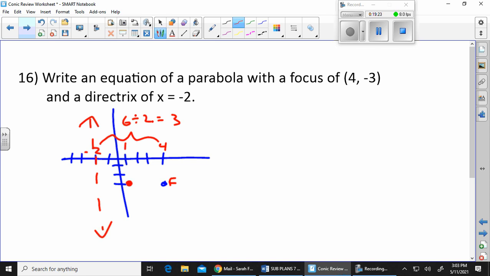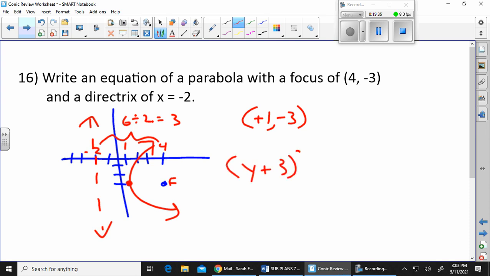So your vertex is going to be 1, -3, and it's sideways. Since it's sideways, y is first. So I got that. It's opening right, so p is positive. X minus 1. How many spaces did it take me to get there? 3. So that's where that 12 came from.